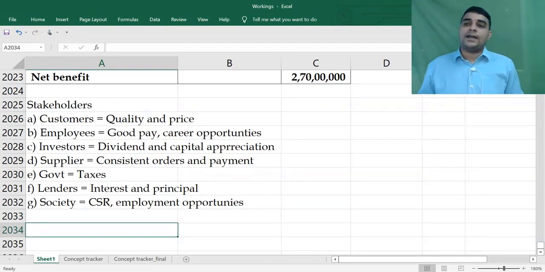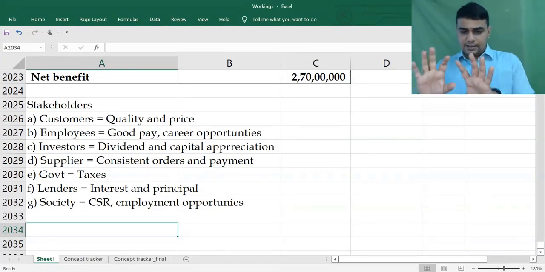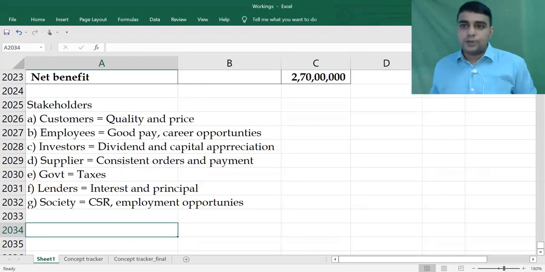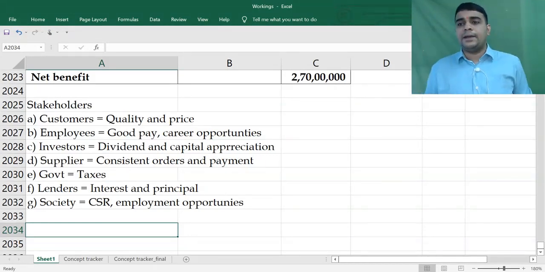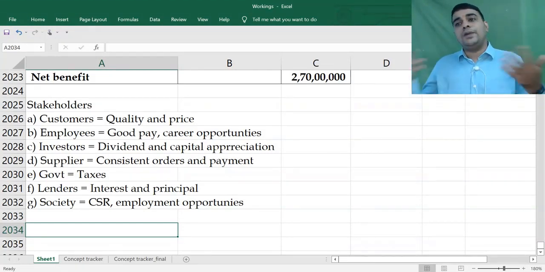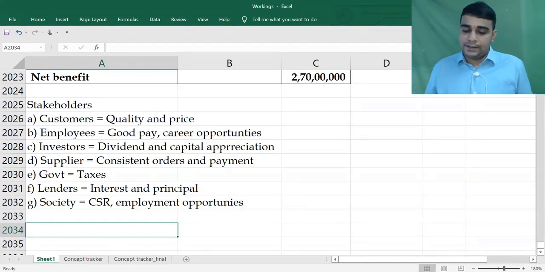Just because I want my customers to be very happy, I cannot keep providing the product at a very low price, or have a very low margin. So I need to have a reasonable margin, give a reasonable hike to my employees, good returns to my investor, take care of my supplier, pay taxes on time to government, take care of my lenders, and also do some CSR. I cannot keep doing CSR activity for the society either. So I need to balance everything.